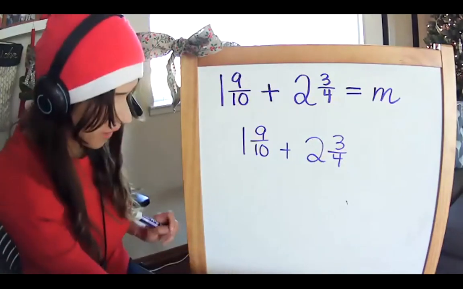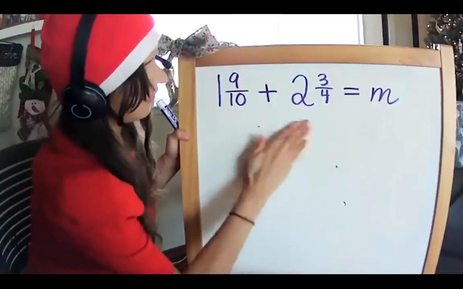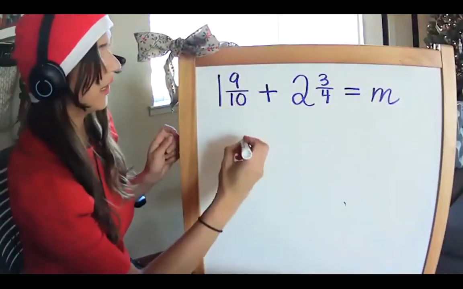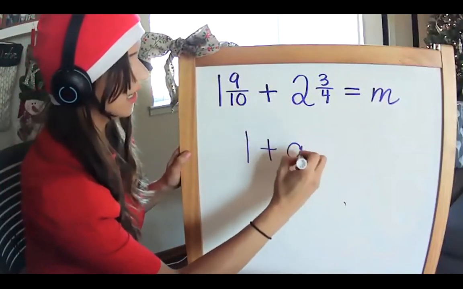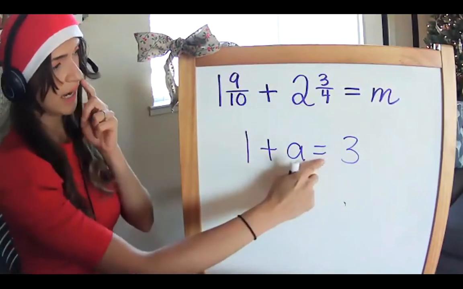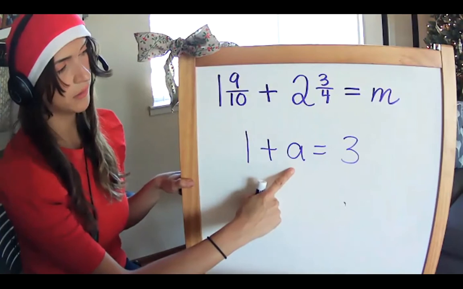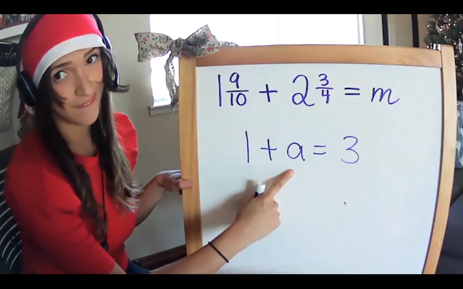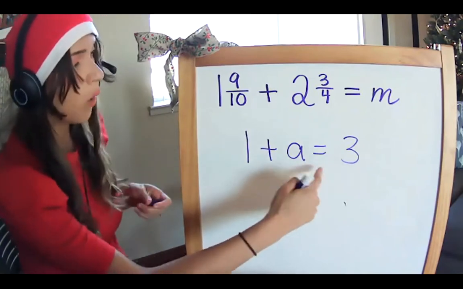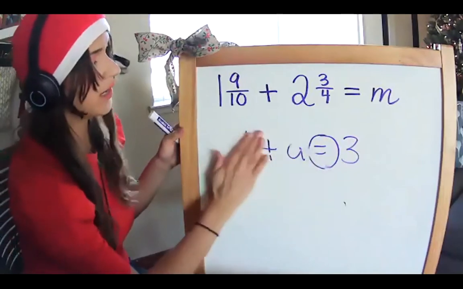If I write something like 1 plus A equals 3, I could solve this because I have an equal sign, so I can tell what A is going to be. It's going to be 2. 1 plus 2. Why? Because I have an equal sign. I have written an equation.